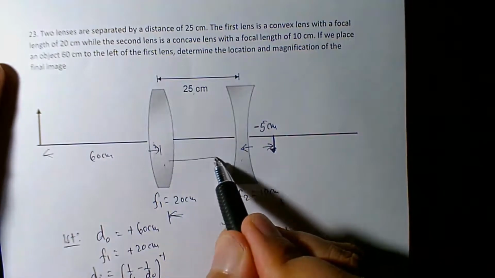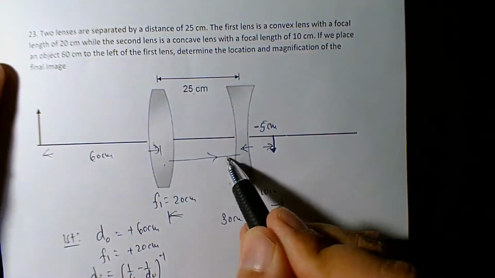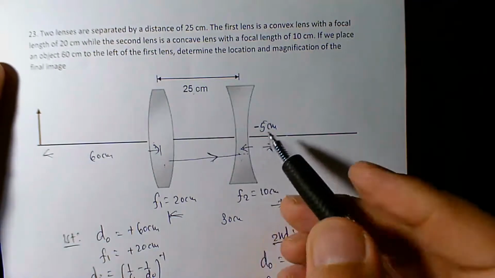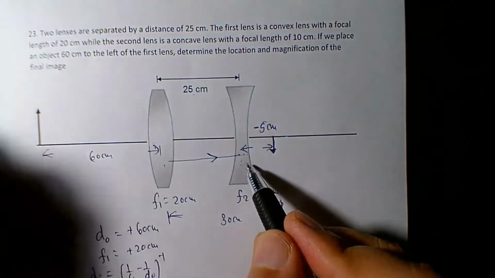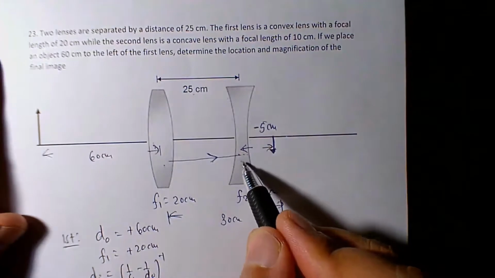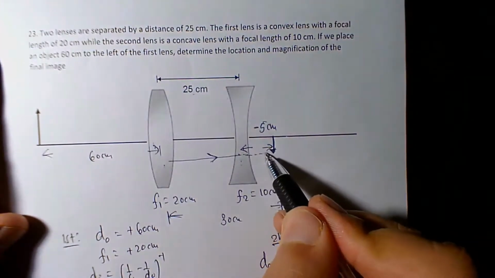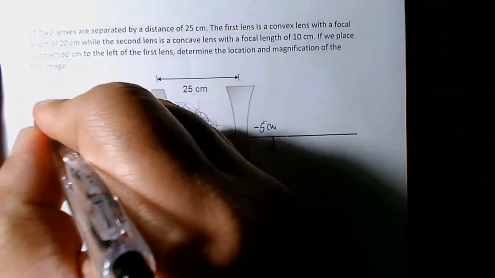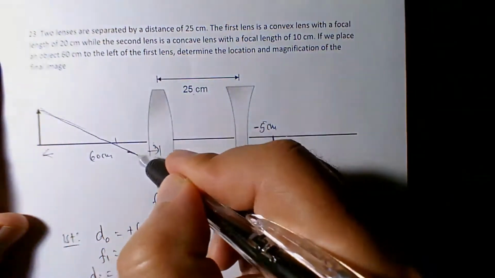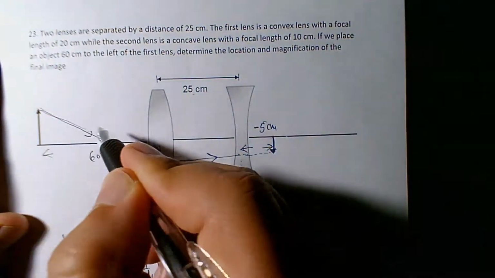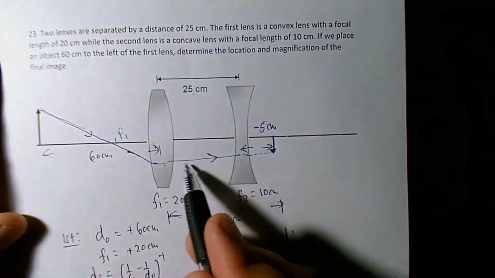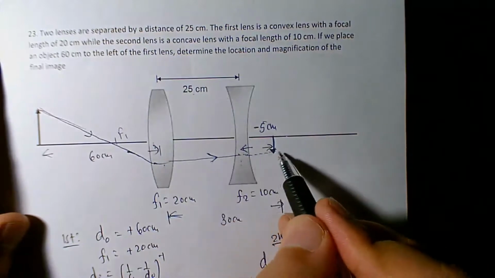One is the F ray. Without this diverging lens in this place, the F ray, passing through the focus at 20, would go parallel, the P ray, and go this way.